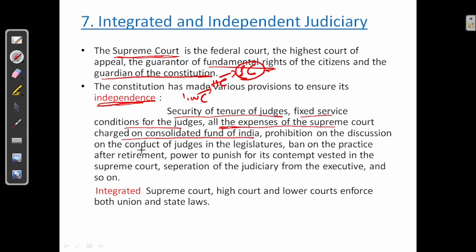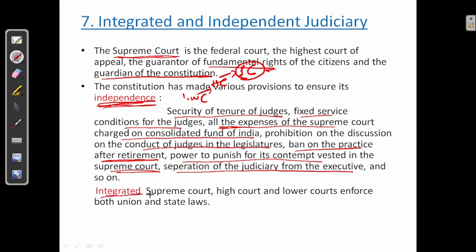Next, prohibition on the discussion of conduct of the judges. And there is a ban on the practice after the retirement. Next, power to punish for its contempt vested in the Supreme Court. Separation of judiciary from the executive and so on. All these are the features of the independent judiciary.